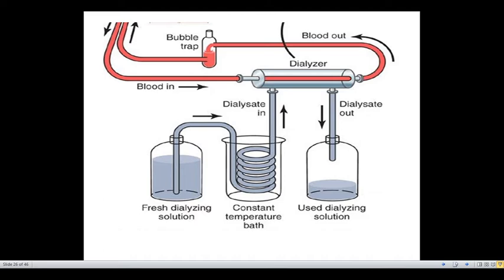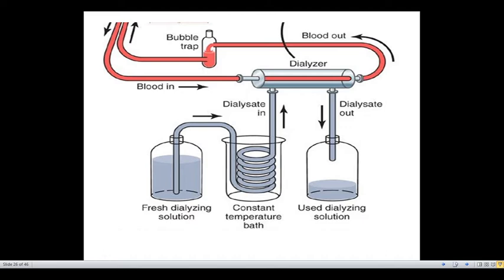This figure shows the components of a type of artificial kidney in which blood flows continually between two thin membranes of cellophane, and outside the membrane is the dialyzing fluid.